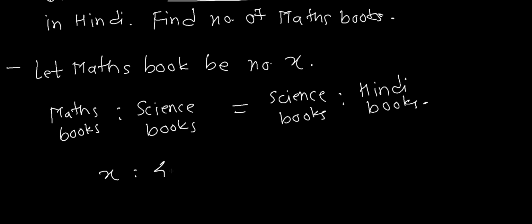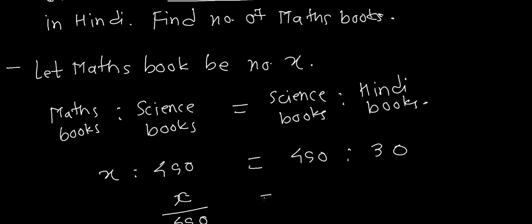So if we have a ratio, the ratio can be turned into a fraction: x divided by 450 is equal to 450 divided by 300. Here 300 books are there.